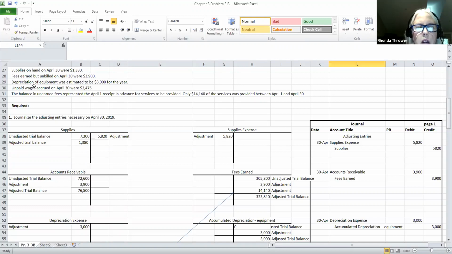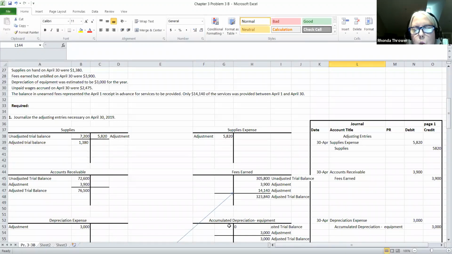Depreciation is the only category where the expense will increase and it has with it a contra asset account that we call accumulated depreciation. So draw yourself a T account, label one of these depreciation expense, and label the other one accumulated depreciation.